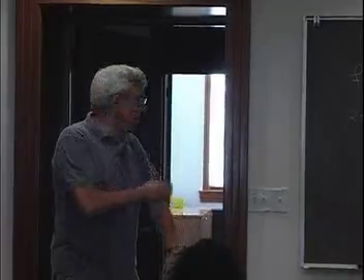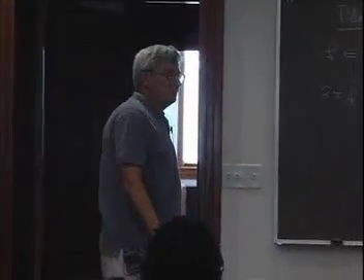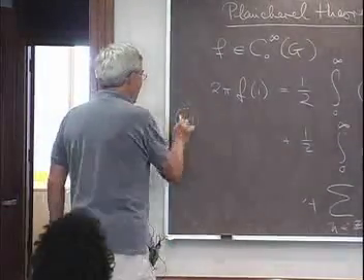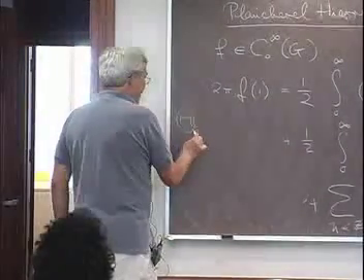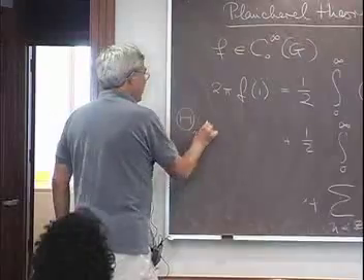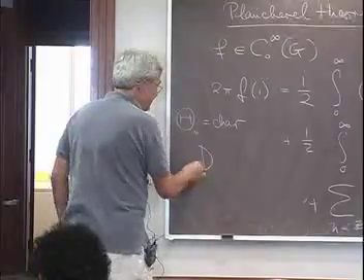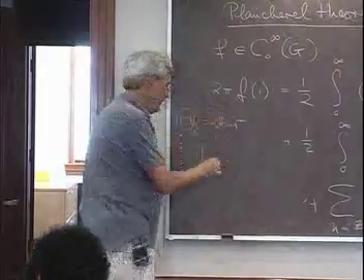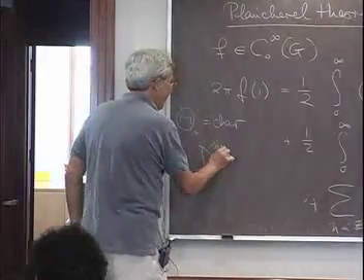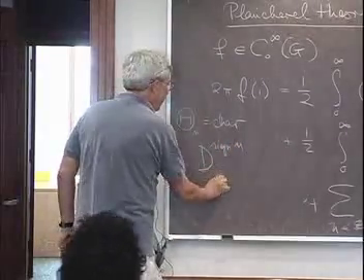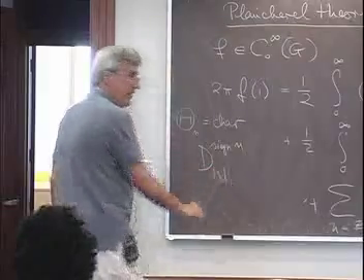This is the character of D, sign of n, absolute value of n. Yeah, so theta n is the character.